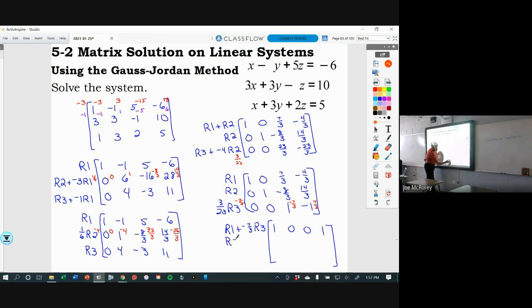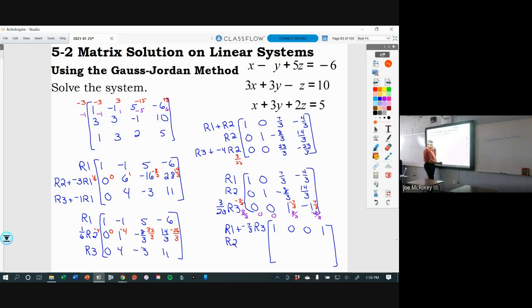Row 2 is going to be replaced. How do I get rid of a -8/3? Make it 0. How? Then you subtract it, or add 8/3. I need an 8/3, so I'm going to multiply row 3 by 8/3. Gives me a 0, 0, 8/3, -8/3.